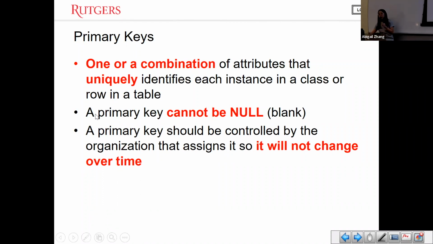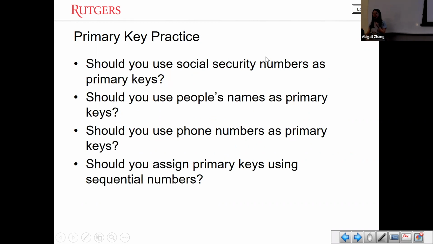But it violates the second criteria. A social security number can be null because one person may not have a social security number. That is why we cannot use social security number as a primary key, because it can be null for certain individuals, which means certain individuals may not have social security numbers.